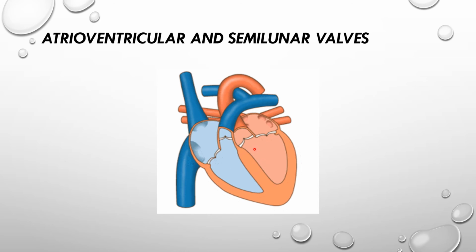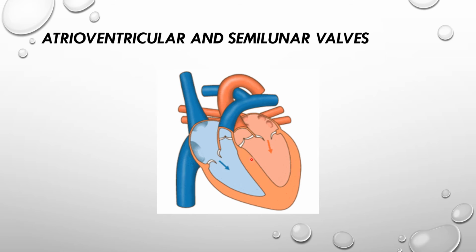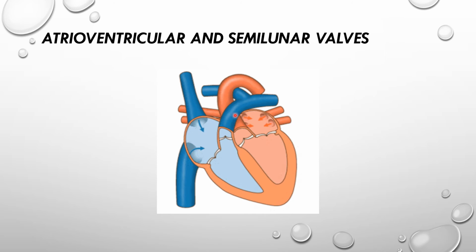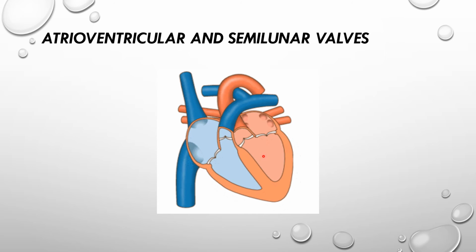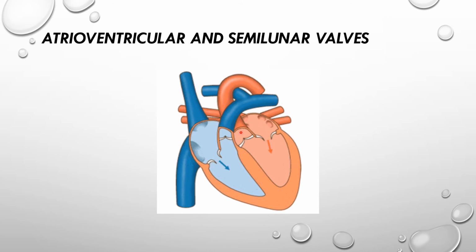As the ventricles contract, the pressure inside the ventricle rises above the pressure in the aorta and the pulmonary arteries. The semilunar valves are pushed open. The blood is under very high pressure, so it is forced out of the ventricles in a powerful way.